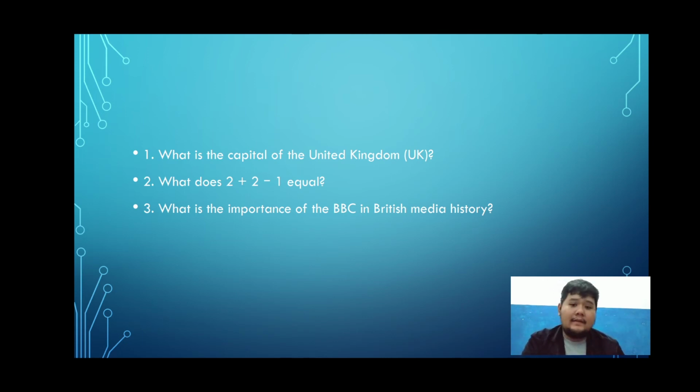In the second question, what does 2 plus 2 minus 1 equal? This kind of question requires a different process of learning. As you know, students may already easily understand the question 2 plus 2 equals or 2 minus 1 equals.